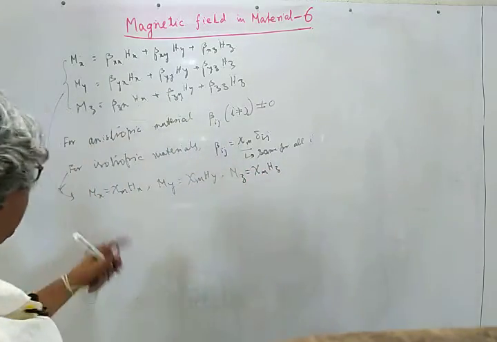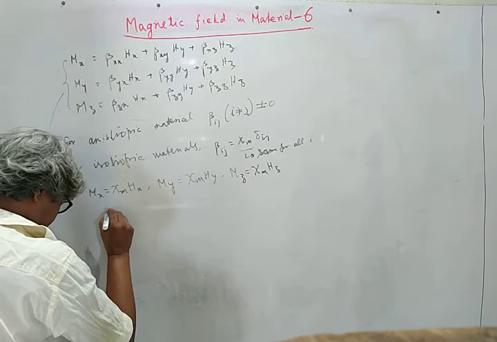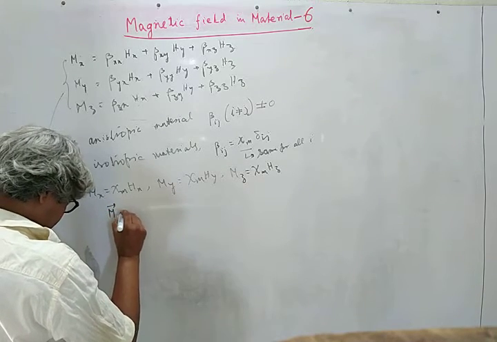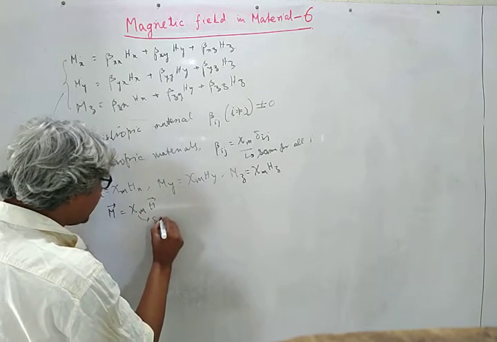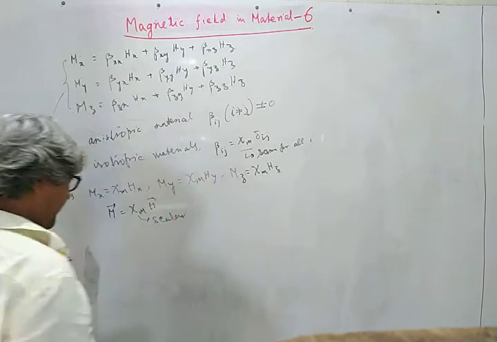That is a vector. In vector form, it can be written as M is equal to chi_m H, where chi_m is a scalar for isotropic medium.